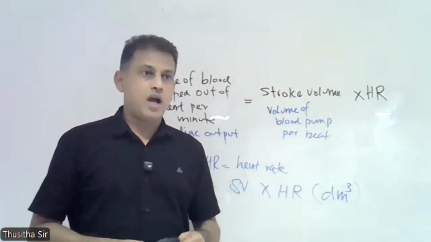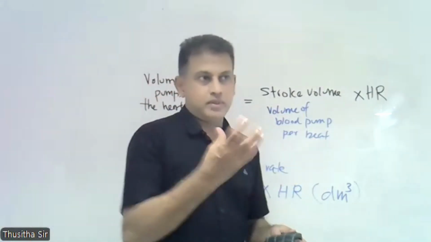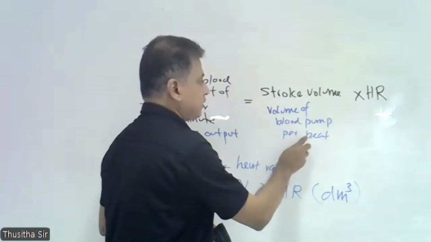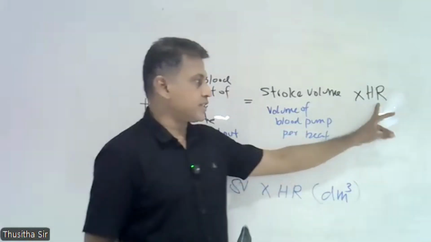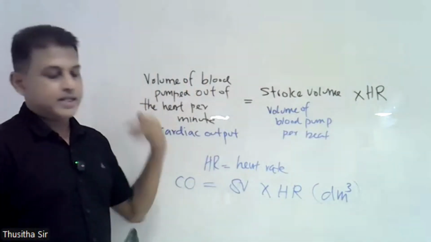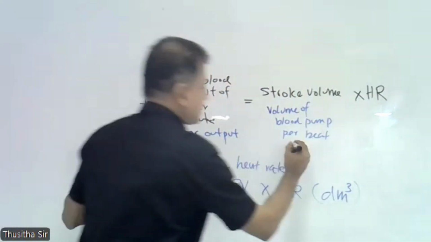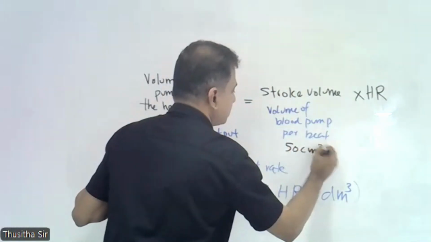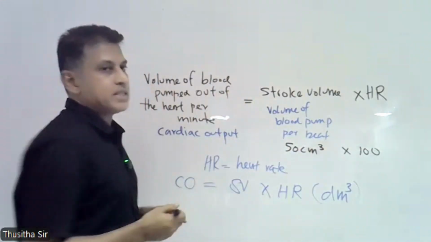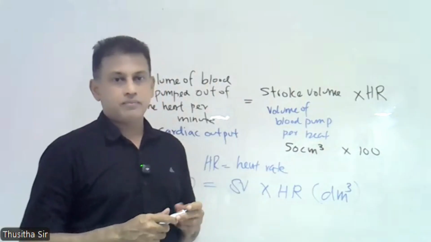Unless you have a huge heart, mostly the heart size is more or less the same in everyone, and the volume cannot change. Only the heart rate can change, so the cardiac output changes. For example, if the stroke volume is 50 cm cube and the heart rate goes to 100 beats per minute, we can pump 5 dm cube per minute.